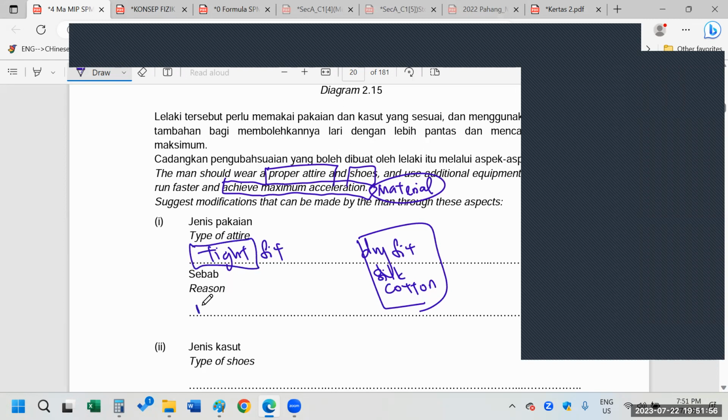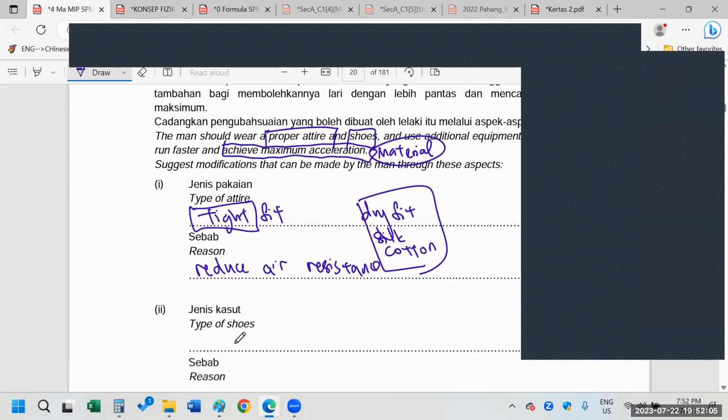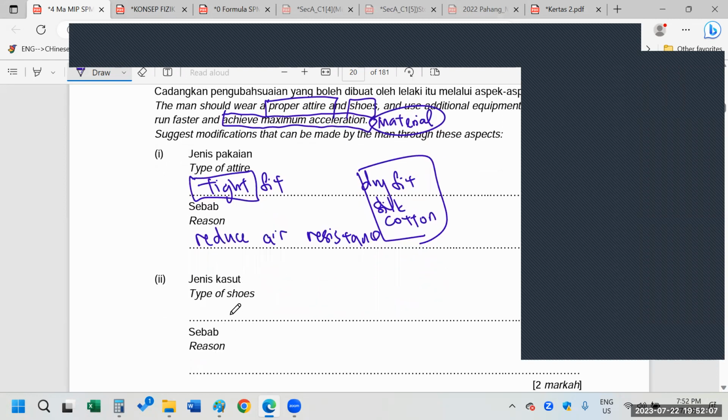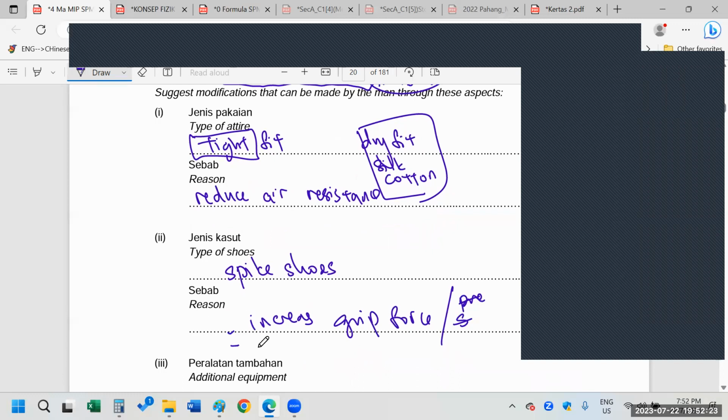Reason is reduce air resistance. Okay, type of shoes. We normally say spike shoes lah, to increase grip force so that it won't slip. I encourage you to write 2 reasons to prevent slip.